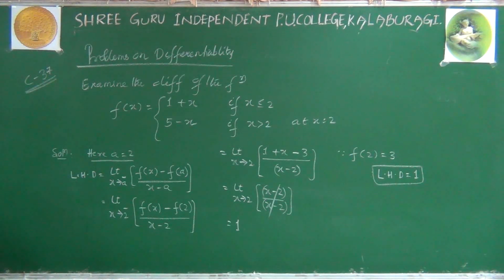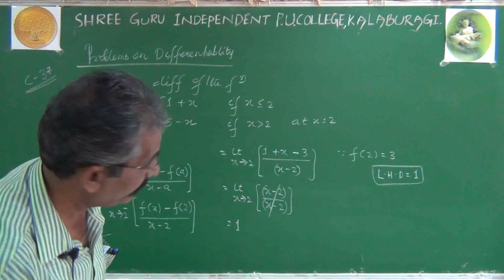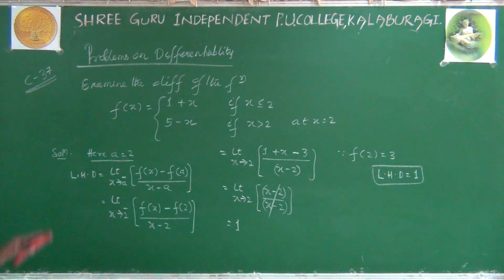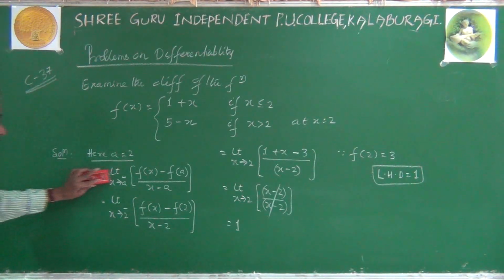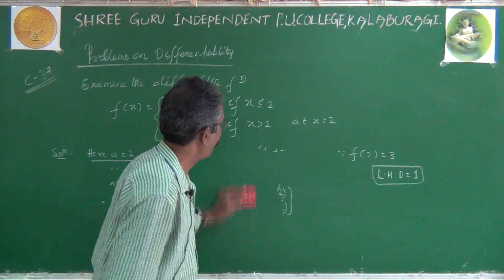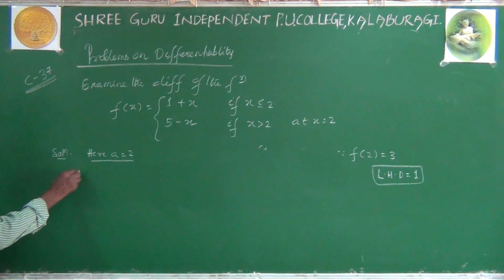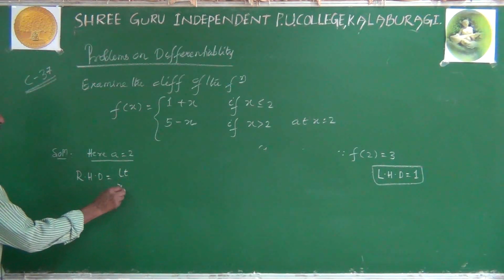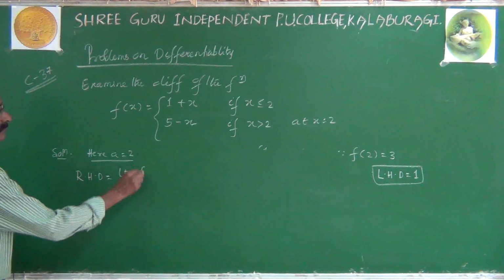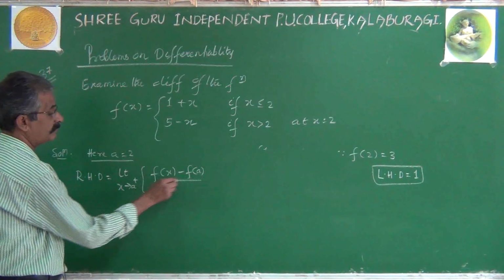For RHD, the method remains the same, but you must refer to x greater than 2. For x greater than 2, the function is 5 minus x. Now write RHD, the right hand derivative, defined by the limit as x extends to a plus of f of x minus f of a divided by x minus a.